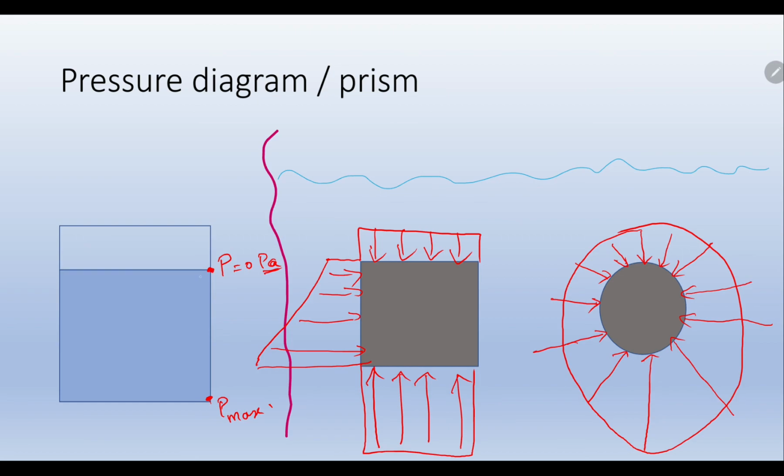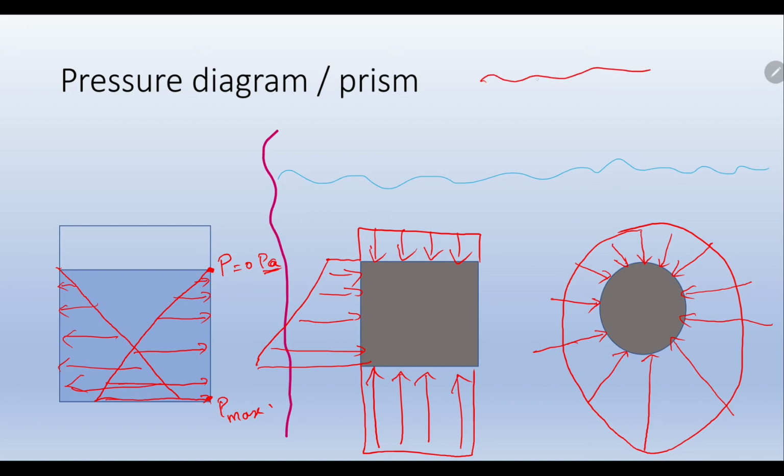So if I draw, it would be 0 and then it is going to be like this. This is the pressure prism for this side. What about for this side? It is going to be again like this.